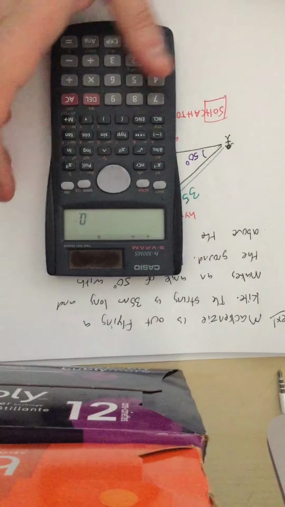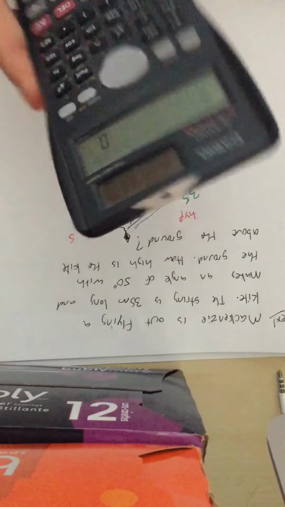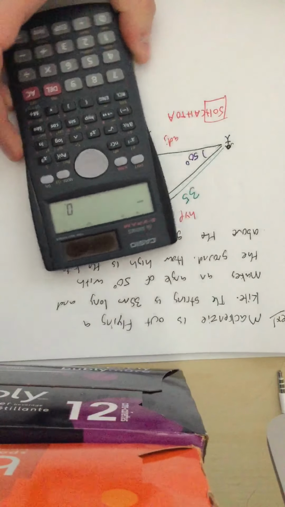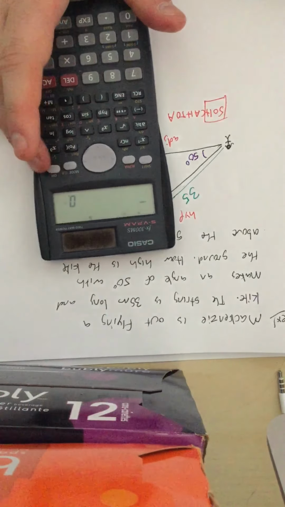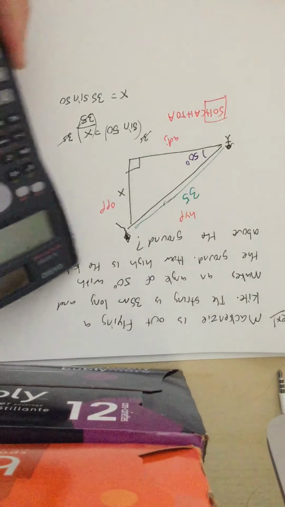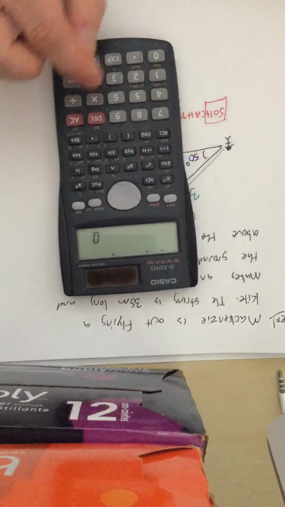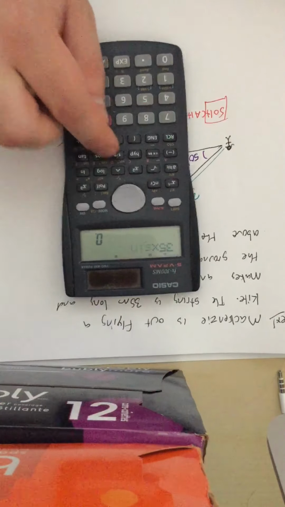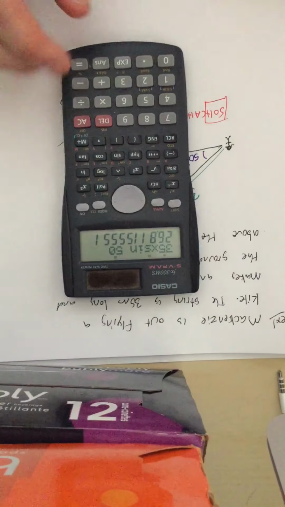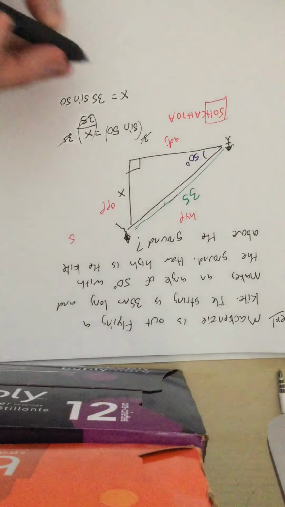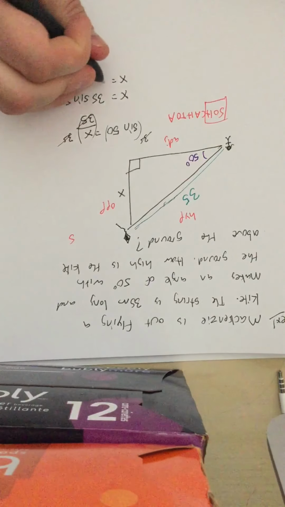You need to change it to degrees, which means either look for a reset button or go online and figure out how to reset your calculator or how to change the degrees. My calculator is in degrees, so we can go. It's going to be 35 times the sine of 50, which is going to be 26.8.